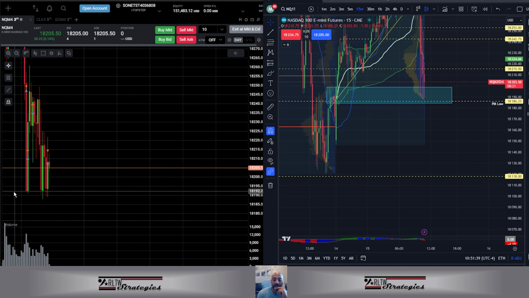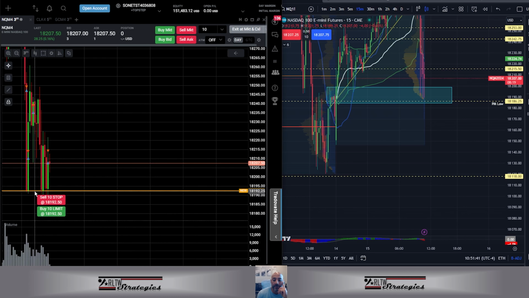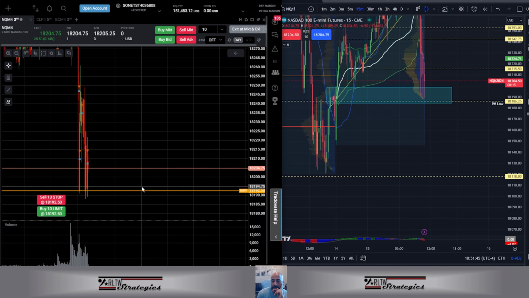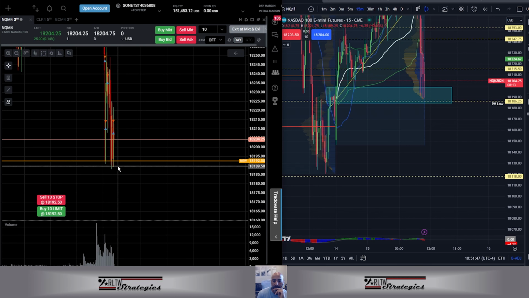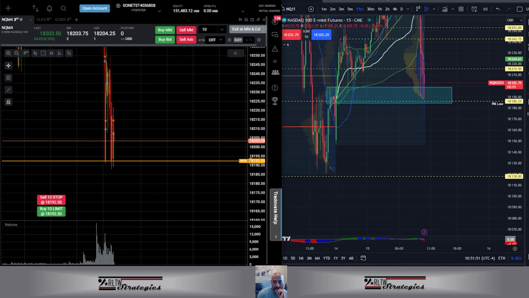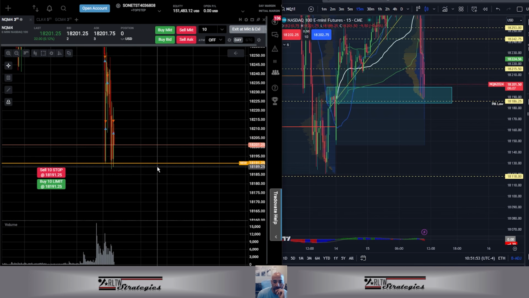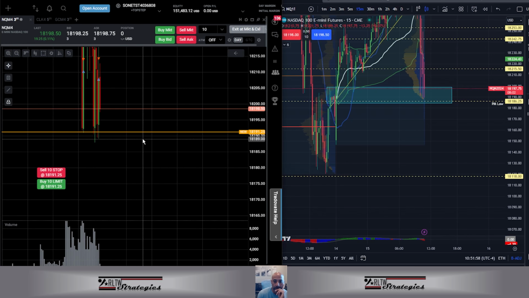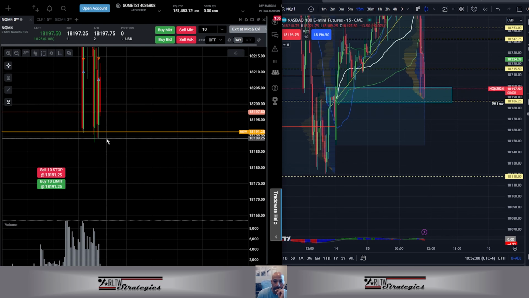This level right here is definitely a level to be revisited. So I could wait till we come back down here to enter, because that stop loss right here would be low risk, high reward if we reverse here.